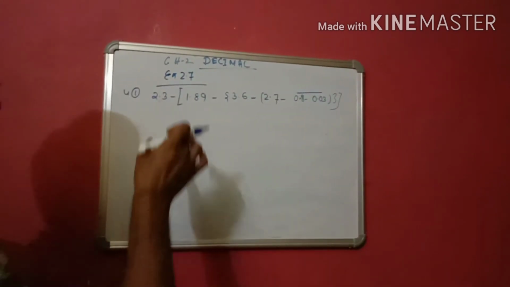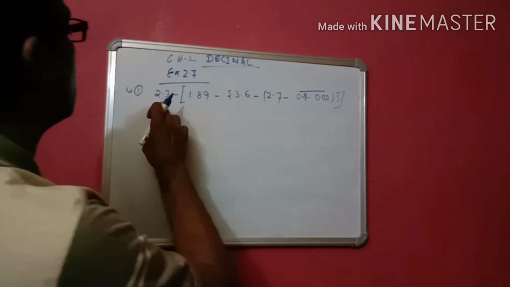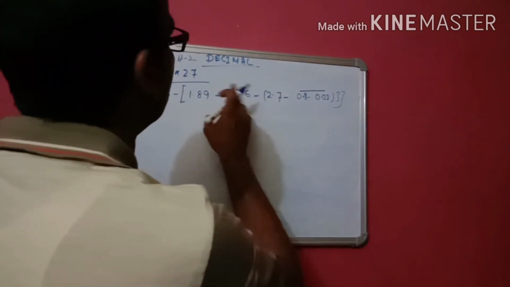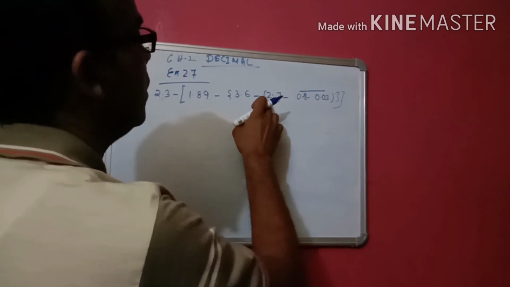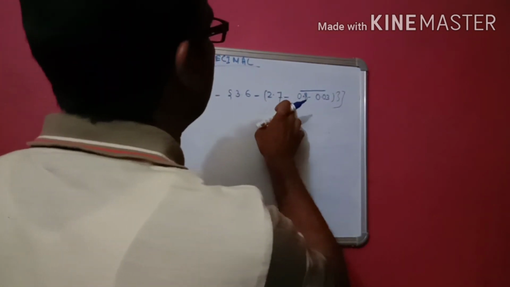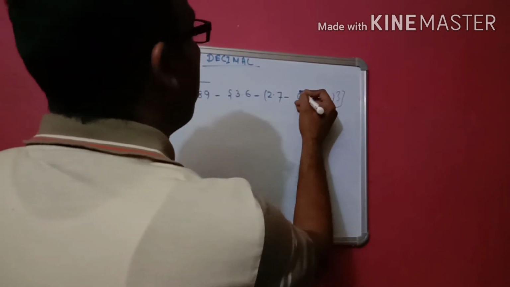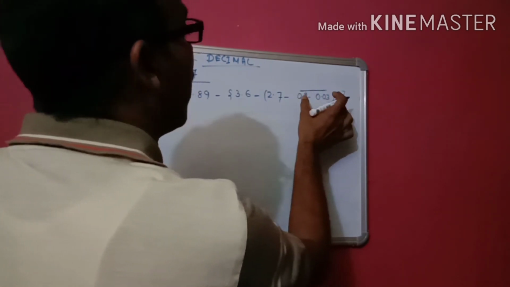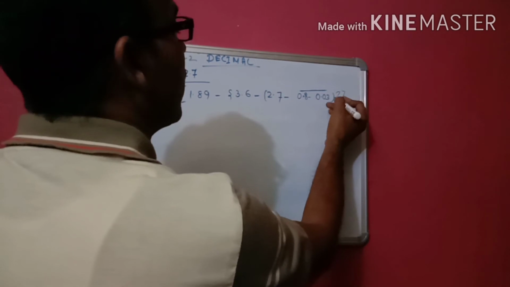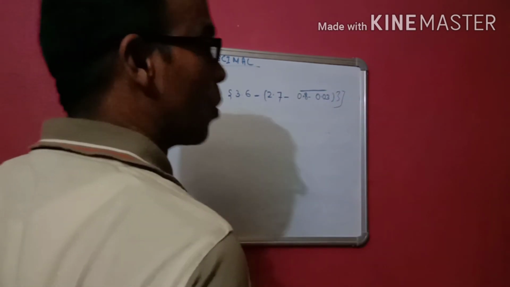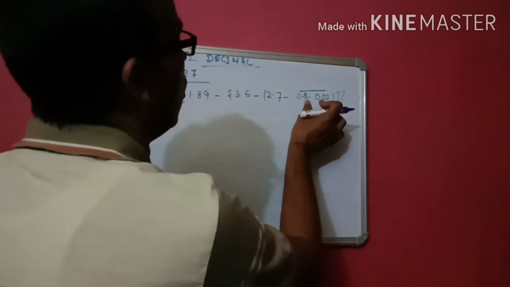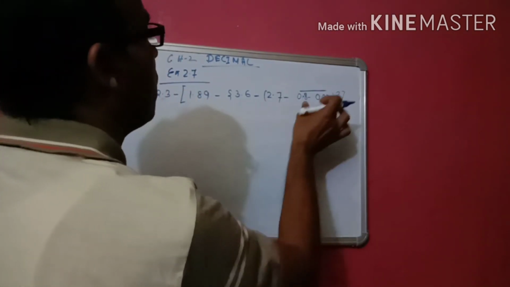Now see in this question, exercise 2.7: 2.3 minus big bracket 1.89 minus within curly bracket 3.6 minus within small bracket 2.7 minus 0.8 minus 0.003. Above there is a bar. Small bracket close, curly bracket close, big bracket close. So we have to use BODMAS. First of all, we have to solve this part, means bar 1.